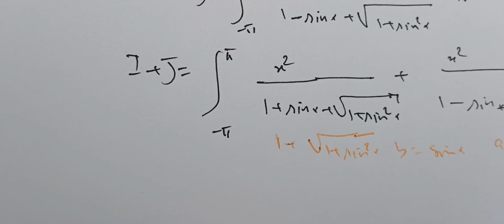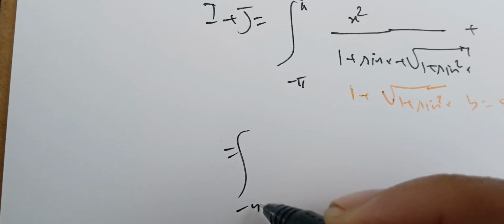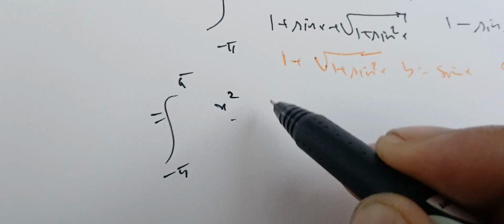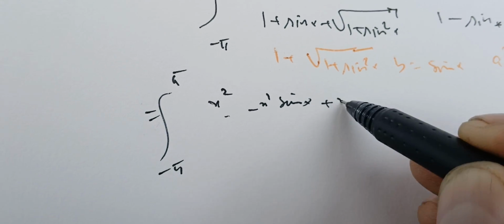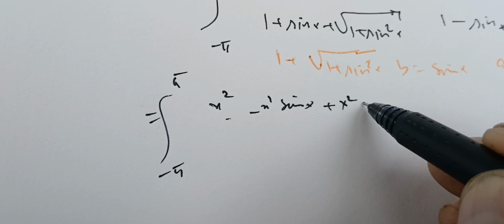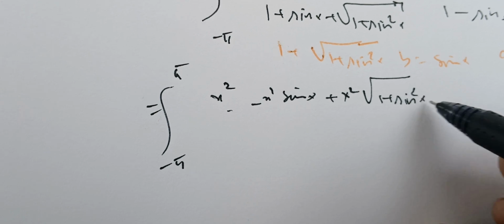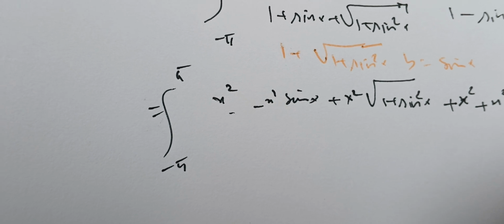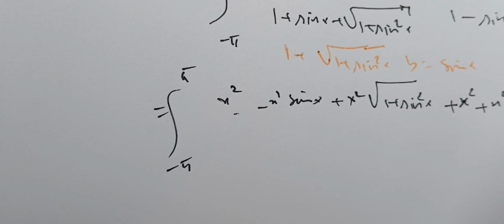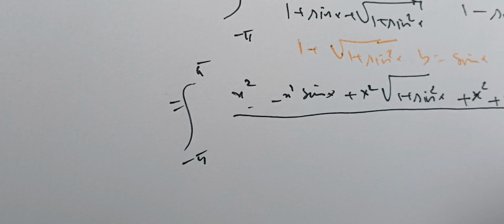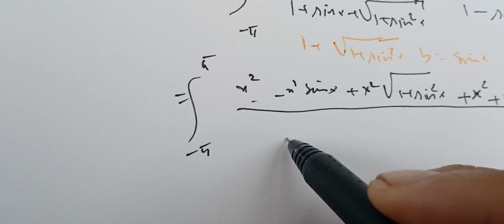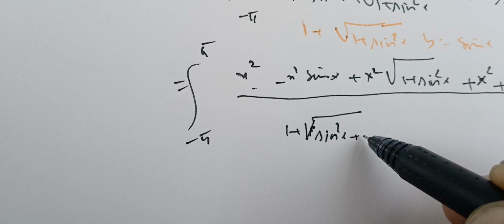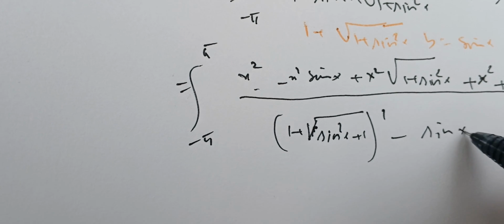So I'm going to get the integral between minus pi and pi, cross multiplying: x squared times the root of 1 plus sine squared of x minus x squared sine x, plus x squared times the root of 1 plus sine squared of x plus x squared sine x, over 1 plus sine squared of x minus sine squared of x.